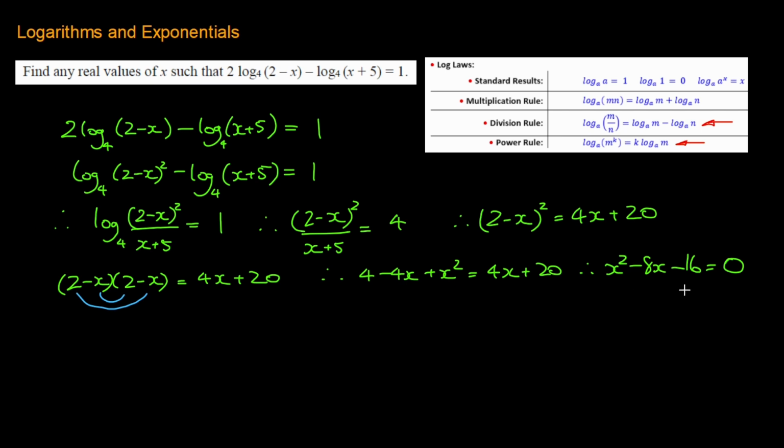And I think my preference is completing the square. And to complete the square, we have to halve this coefficient and form the square bracket. So I get x minus 4 squared minus 16 equals 0.